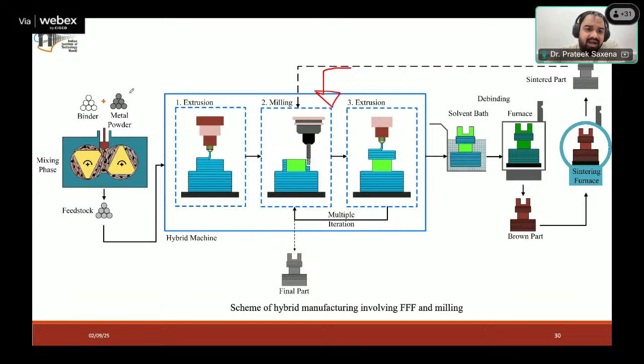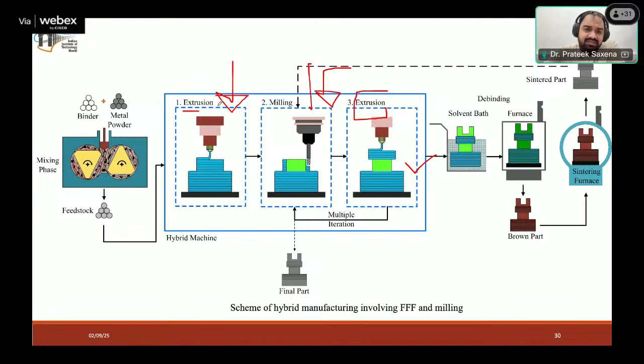When the part is being printed using extrusion and I need to mill out something, my milling cutter comes in and gives a shape. Then my nozzle comes into the picture again and prints the part. This will also cut down the need to post process the part.